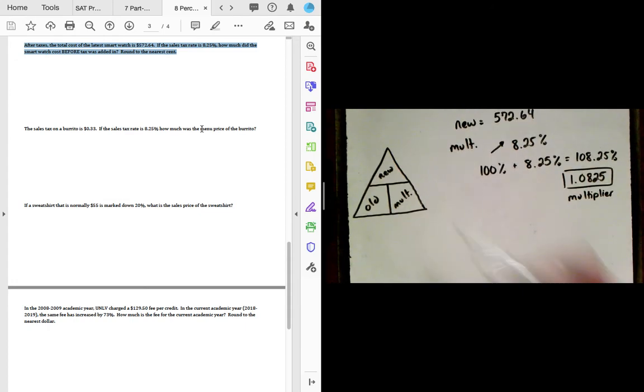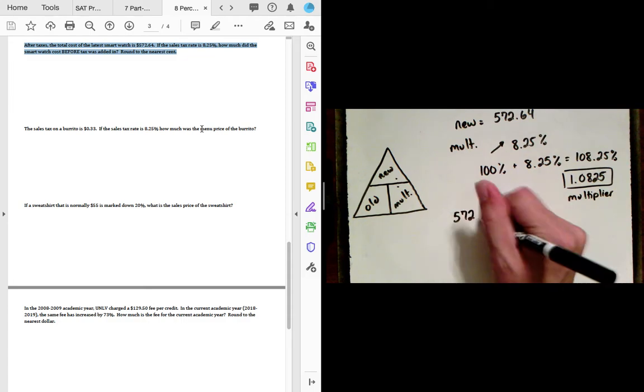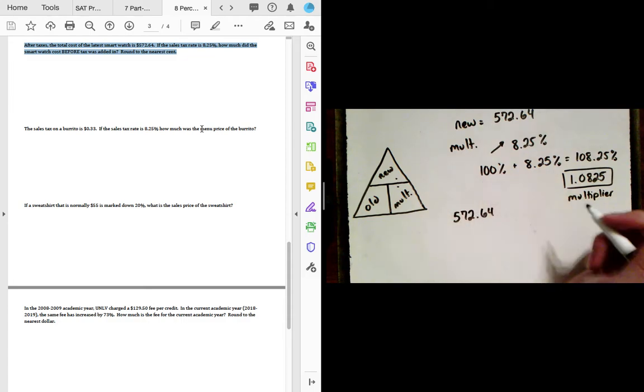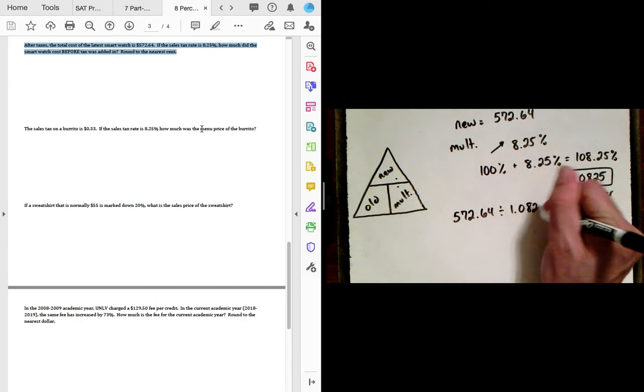Now remember, according to our stuff here, we know that we want to take the new value and we want to divide it by the multiplier in order to get the old value. And so in this problem, we're going to take 572.64 and we're going to divide by 1.0825.